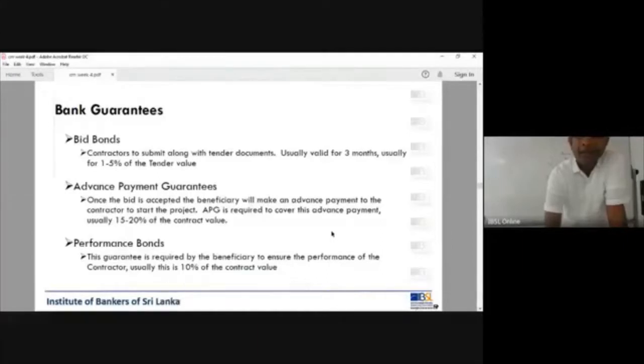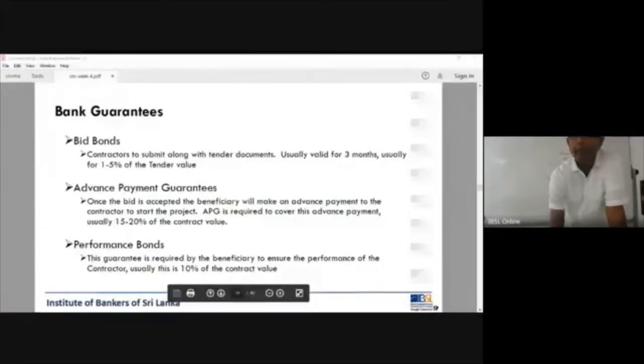Then we have bank guarantees, right? We have bank guarantees.